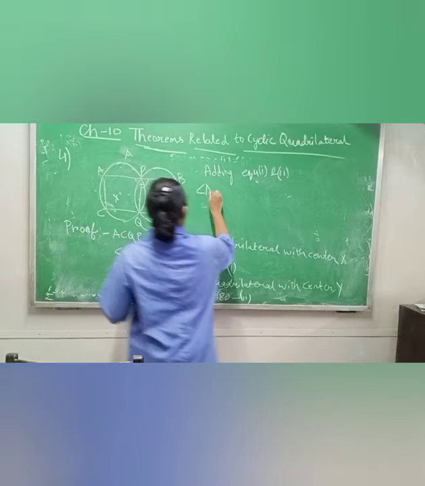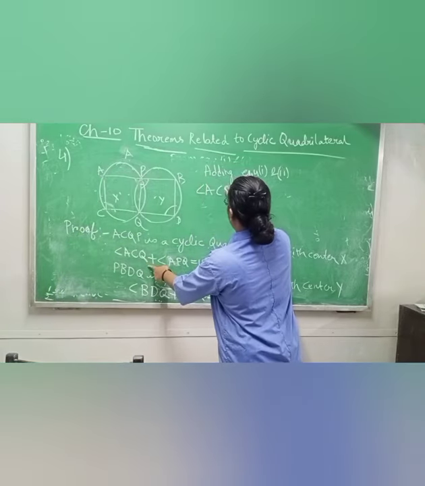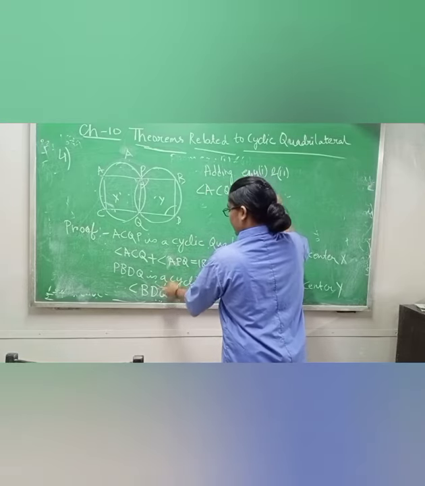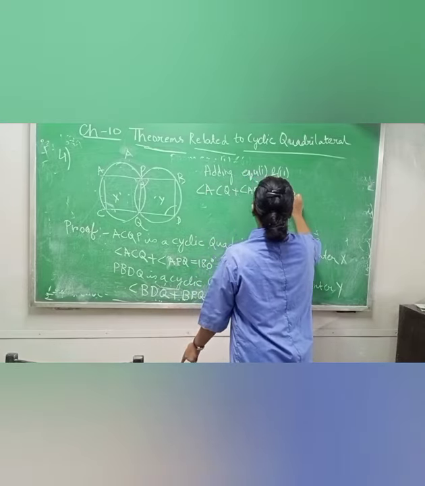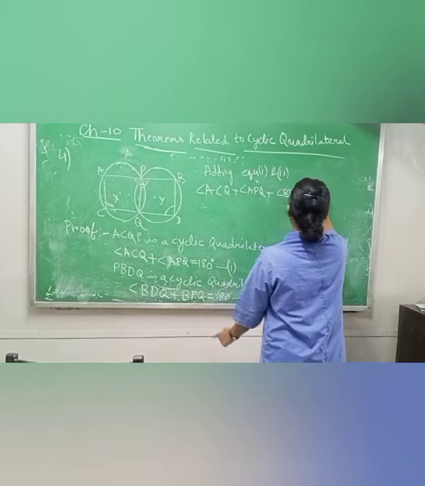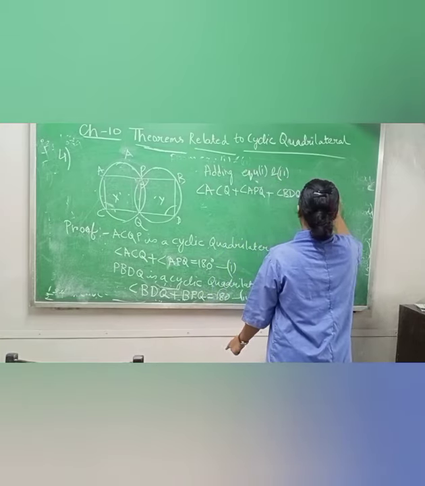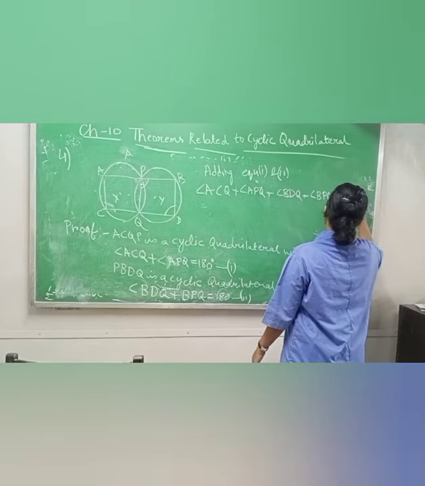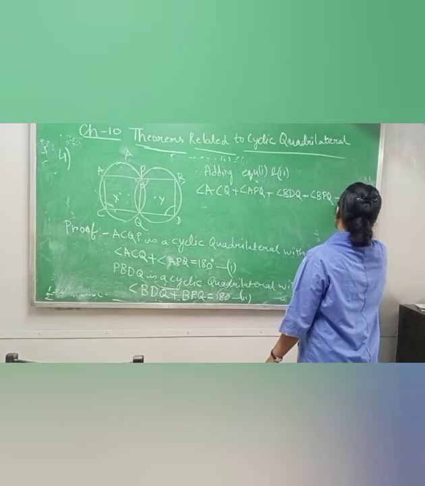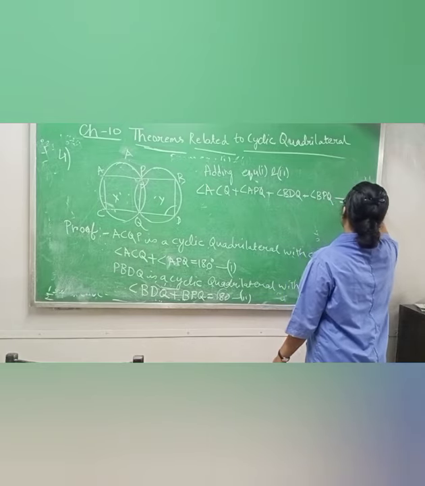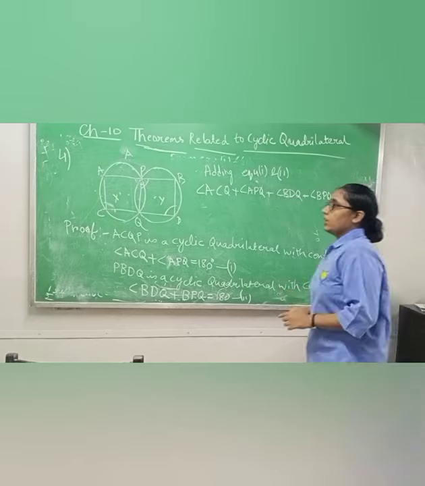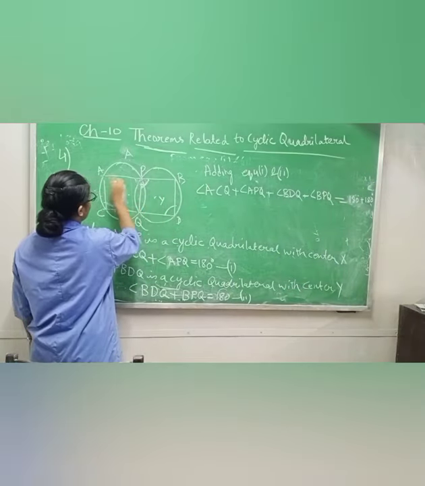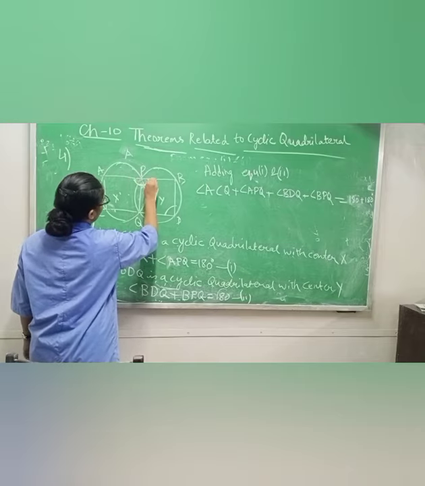So angle ACQ plus angle APQ plus angle BDQ plus angle BPQ equals, in RHS we have 180 degrees plus 180 degrees. Now see, this angle BPQ and this angle APQ equals 180 degrees.